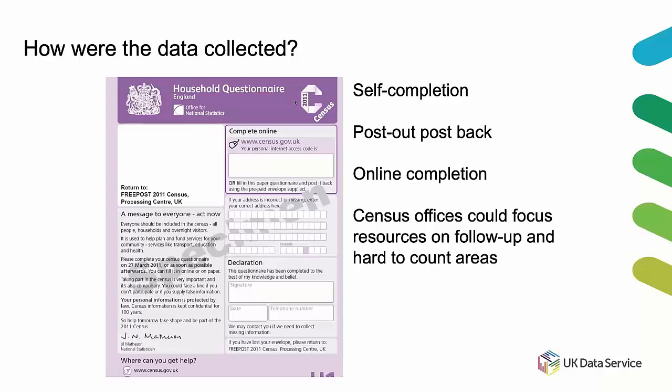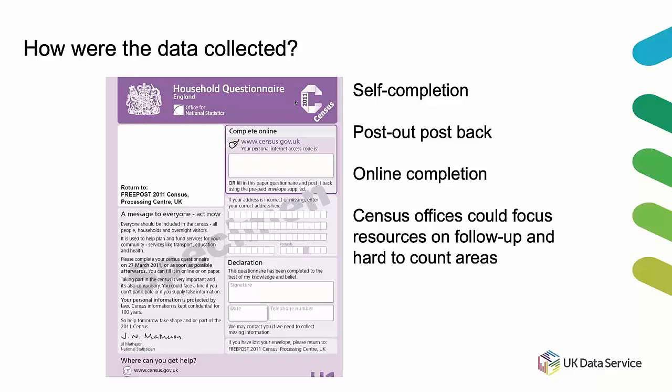The household receives a form and the householder fills it in themselves. In 2011 it was post out and post back, but there was also an option to complete online, and about 15% of people in England and Wales filled it in online. I expect that figure to have gone up considerably by 2021/2022. We'll talk about that a bit later.